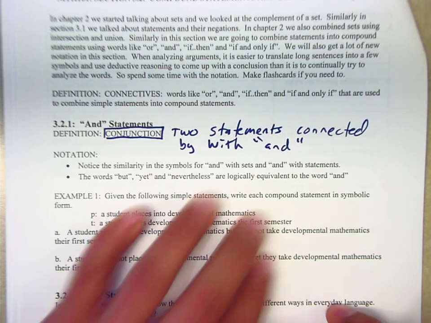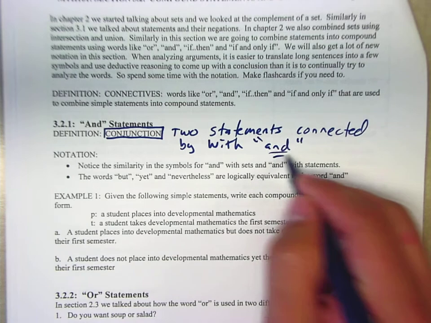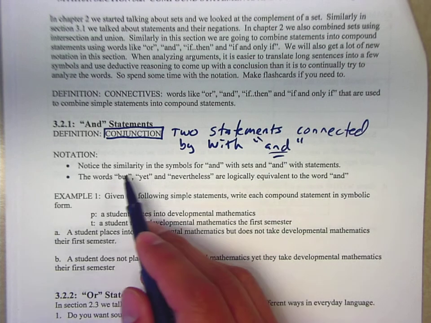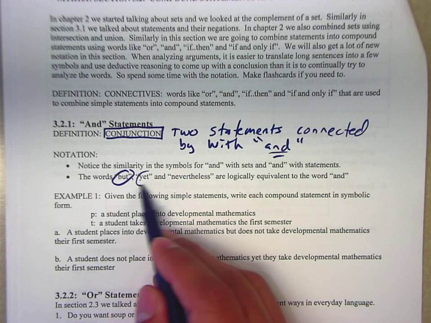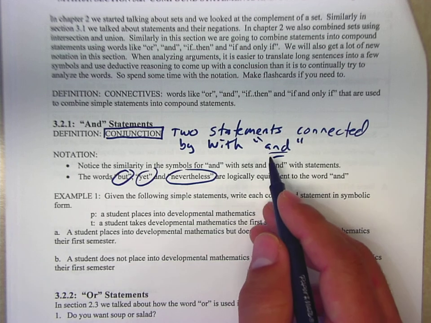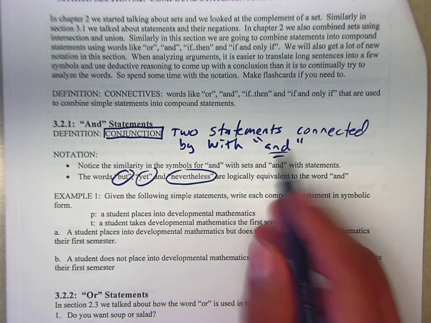It doesn't necessarily have to be the word and. There are other words that you can use as well, for example, but, yet, and nevertheless. Those are the main words that you will see to form conjunctions, but most of the time we use the word and to connect two statements together.